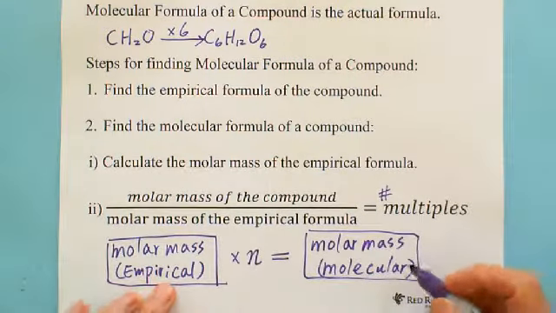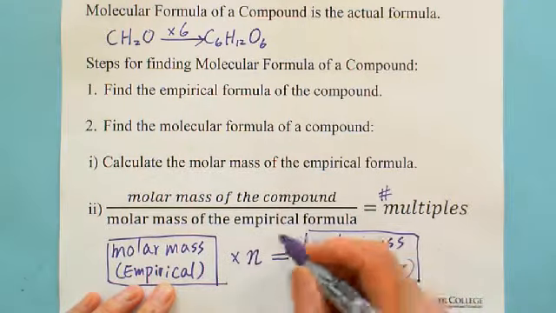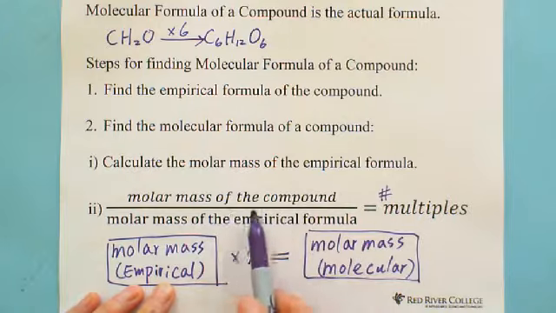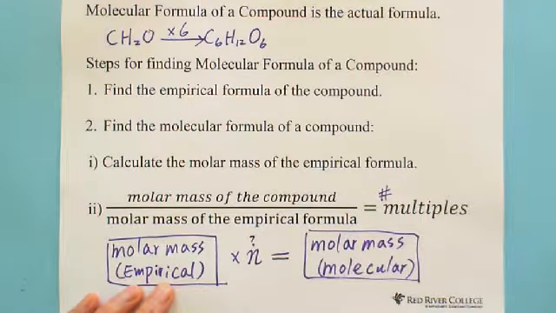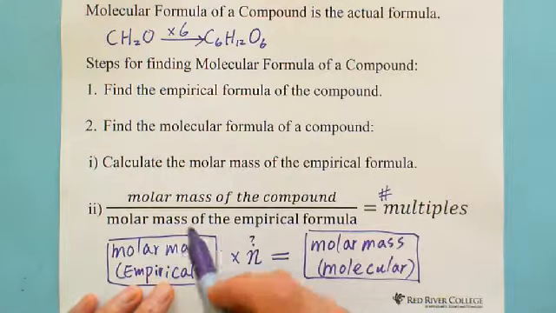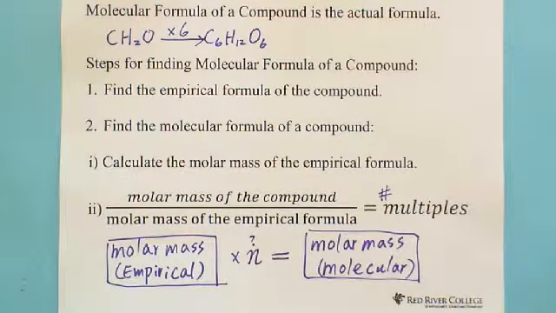Now, as we already are given the molar mass, we can divide it, which is the second step: molar mass of the compound divided by the molar mass of the empirical, to find the number of multiples. And after this, we multiply by the number of multiples to each simplest form ratio, and we get the molecular formula.